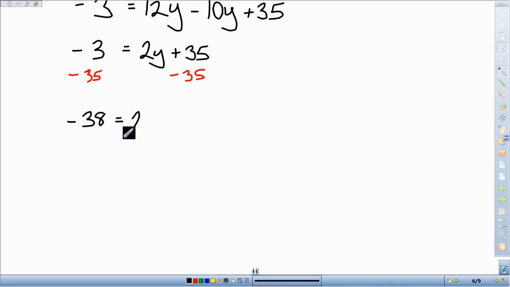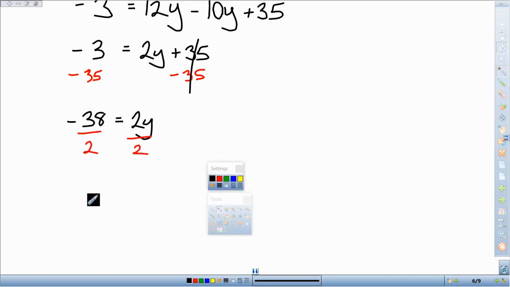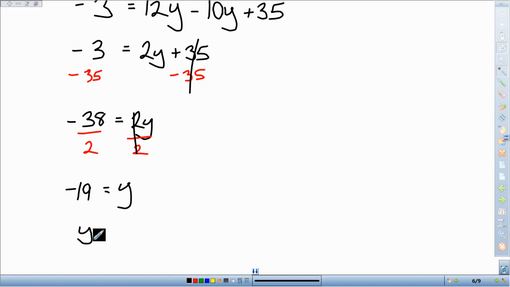Right, over here, 2y, bring it down, 35s are gone. Last thing, now I can solve for y, get rid of the 2 by dividing. Negative 38 divided by 2, looks like we're getting negative 19. Okay, last thing, variables on the right. Let's flip-flop it. Let's write it as y equals negative 19.